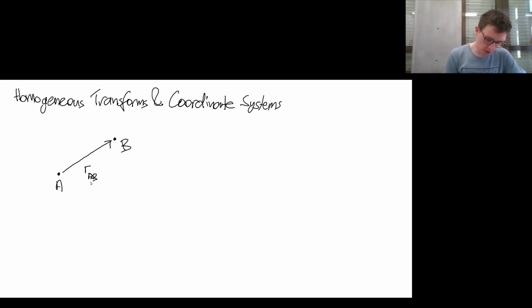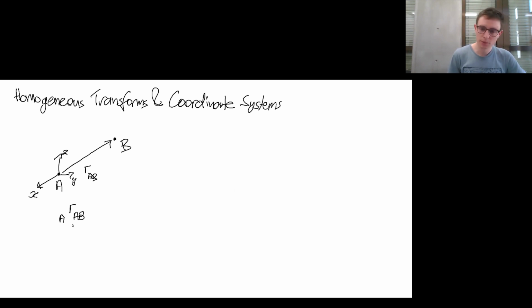Now, this r_AB vector by itself, you can imagine as a physical object. It's such an arrow. What allows you to actually describe it as a mathematical vector in the form of 3 numbers, a 3-tuple, is a coordinate system. So the coordinate system, let me draw this up here, will have axes X, Y, and Z. And the projection or the representation of the vector r_AB in a coordinate system A, this is how we write it.